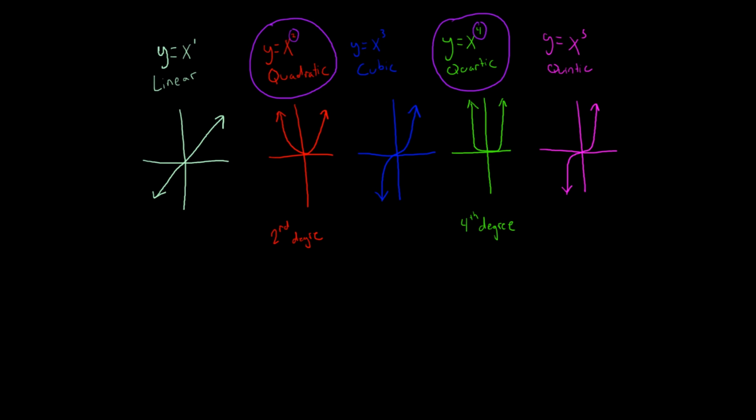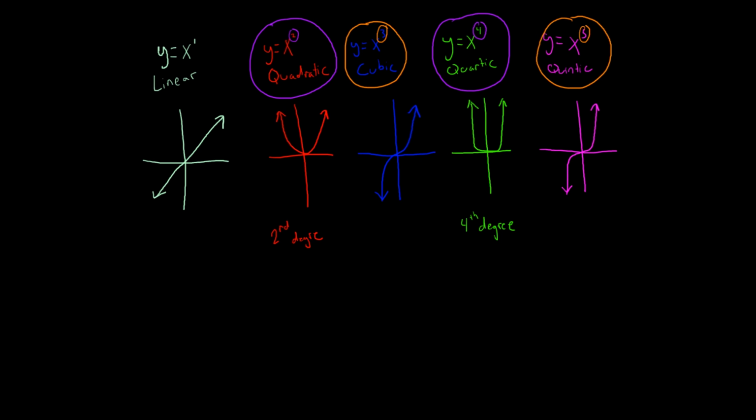Then we're going to continue with the other pattern that we see. The cubic function looks very similar to the quintic function, and the quintic function has an odd power of x, and so does the cubic.